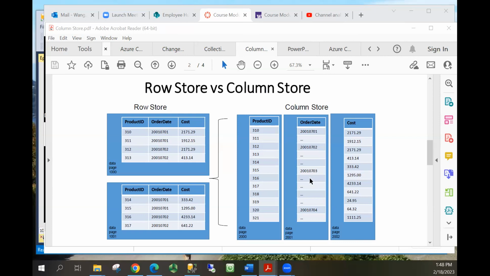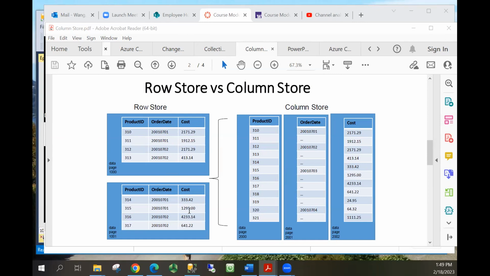Once you retrieve an order, if you want to change something, or you retrieve a customer's profile and you need to change something, then you will usually work with the entire record, right? For example, you may need to bring up this record by product ID, and then you will update the cost or whatever.